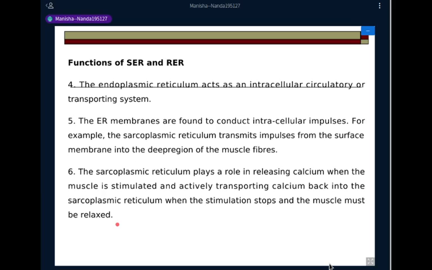That is, in case of muscle cells, that is the sarcoplasmic reticulum, when stimulated through a proper response. And again, the excess of calcium can be stored in the sarcoplasmic reticulum also for future use whenever it is required by the cells and the extracellular sources of calcium are not available.